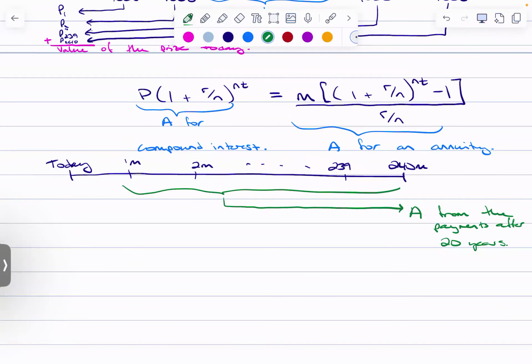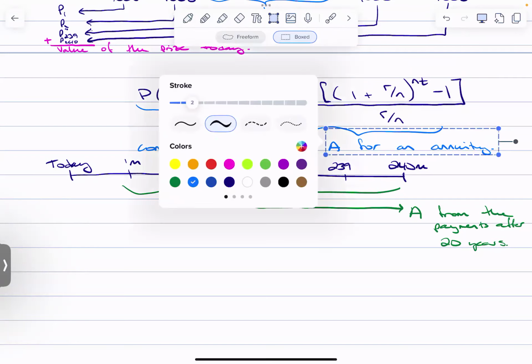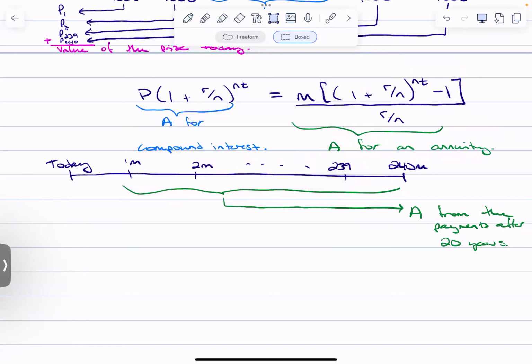Ooh, that's what I'll do. I'll change this color to green so that they can match. Matchy, matchy. How about that? Okay. But in order to be equivalent, right, there's some lump sum today that I can invest for 20 years.